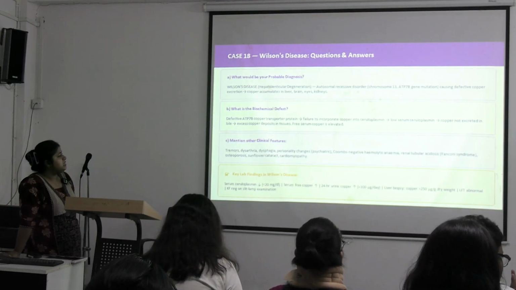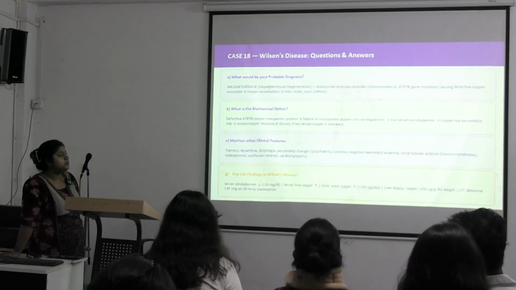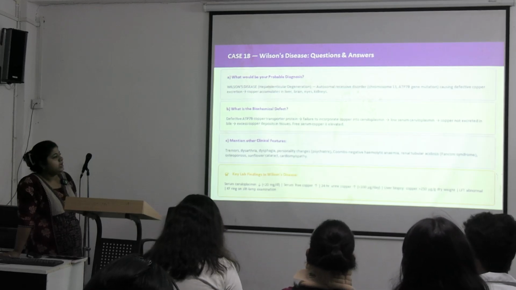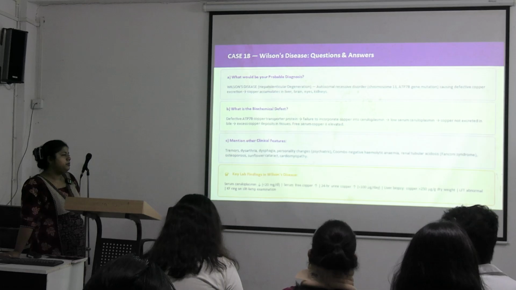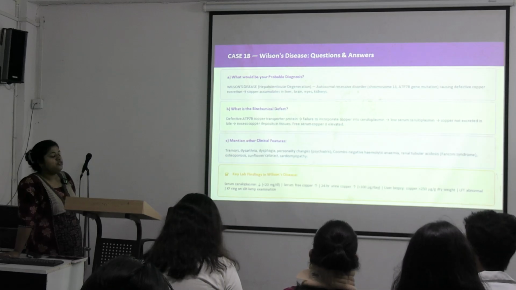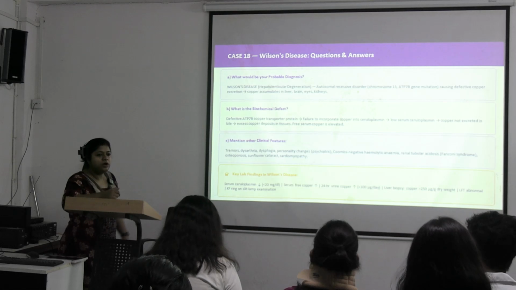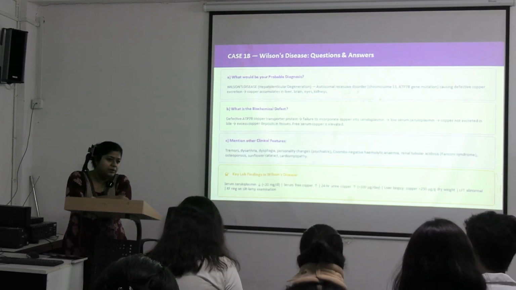Defective ATP7B copper transporter protein fails to incorporate copper into ceruloplasmin, which leads to low serum ceruloplasmin. Copper will not be excreted in bile, excess copper will be deposited into tissue and free copper will be elevated. Most of the copper is found in bound form, bound with ceruloplasmin.